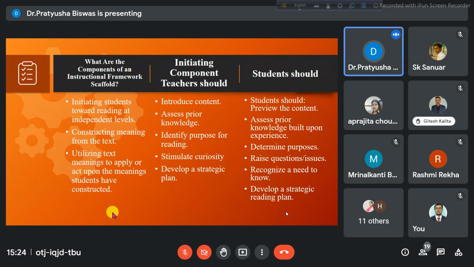Utilizing text meanings to apply or act upon the meaning students have constructed. Now, this happens primarily when we are in a language classroom. Through illustrations, we try to make the child develop understanding or association with different kinds of words or verbs.